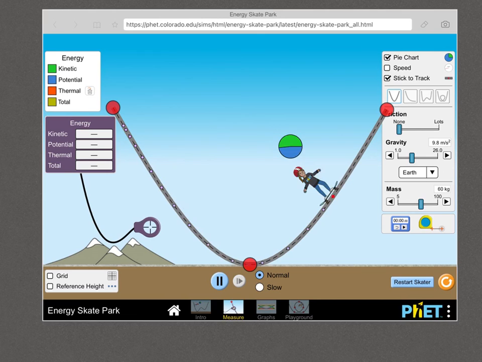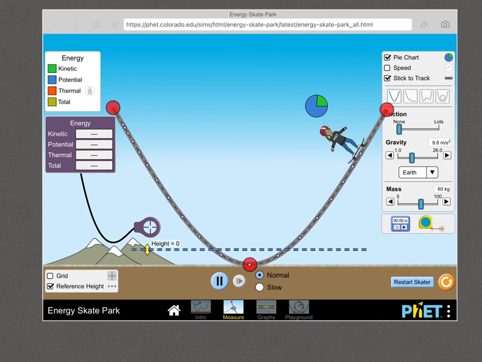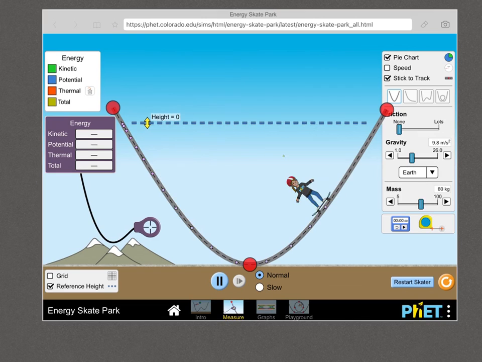And one more thing we can look at is if I can put a reference line. Oh, that worked. I can raise this up to where the skater reaches there and over there, and it always returns to the same height no matter what side it's on. Even if we change the shape of the ramp and made this side, can't stretch that one out. Can I stretch this one out?